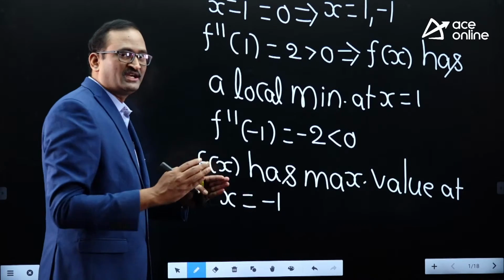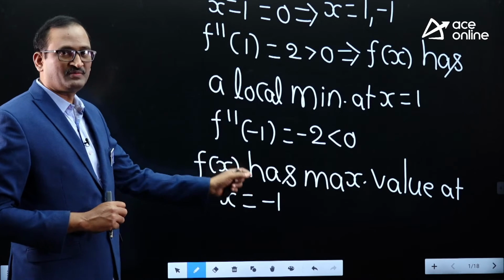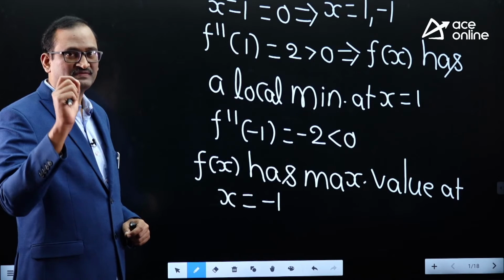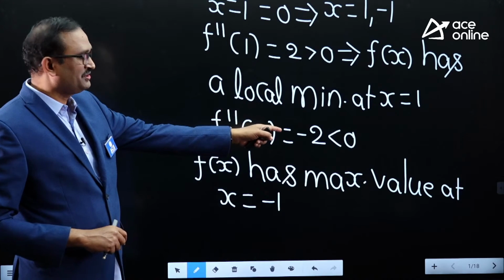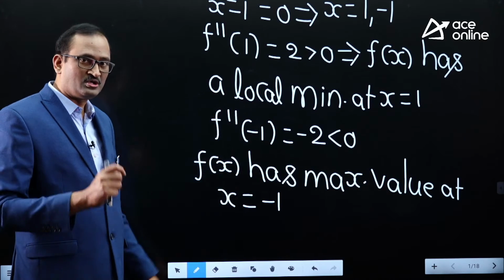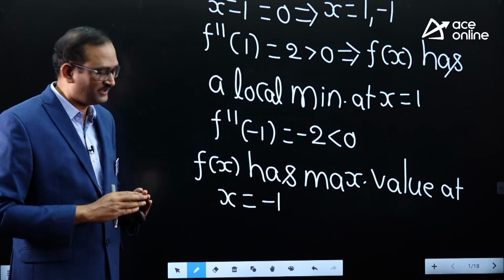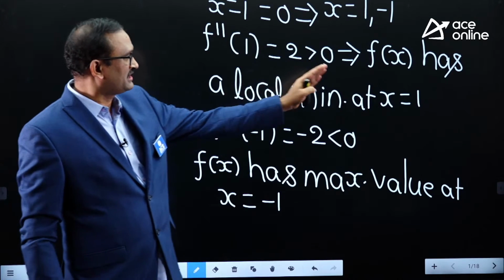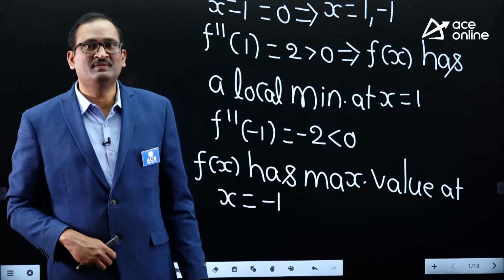Suppose you wish to know what that maximum value is at x equal to minus 1, then you have to substitute x equal to minus 1 in the given function, and you will get the required maximum value. Similarly, when you take x equal to plus 1 in the given function, we get the required minimum value.